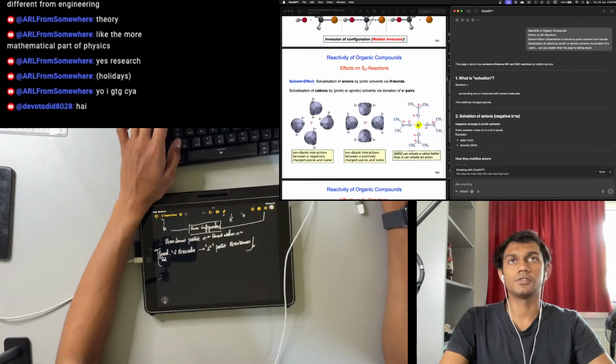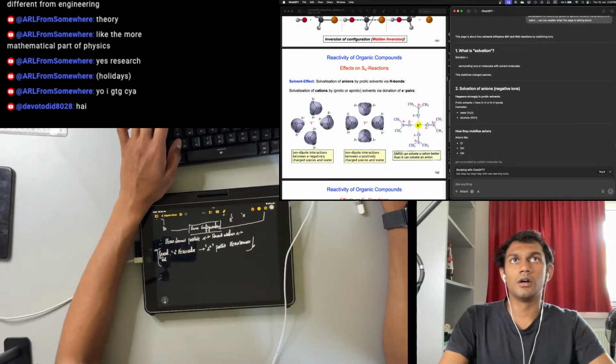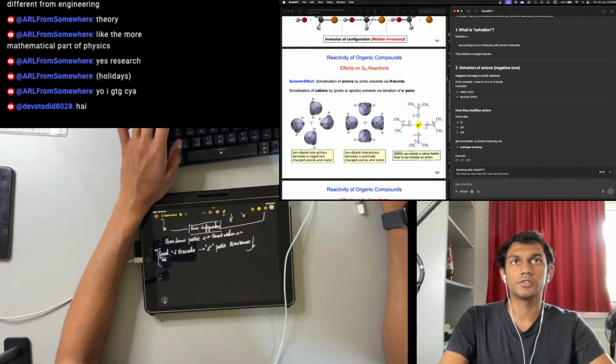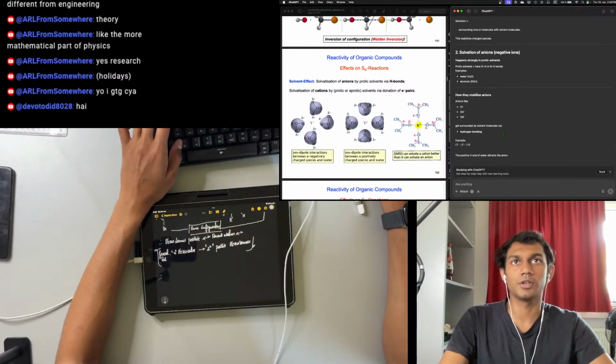Solvation of anions, negative ions, happens strongly. How do they stabilize anions? Anions get surrounded by solvent molecules via hydrogen bonding.